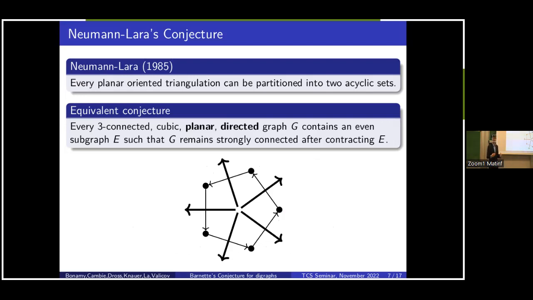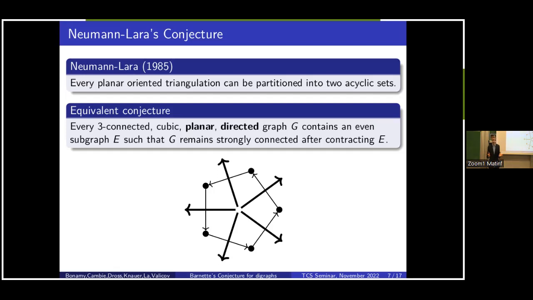Here, the cut goes always from the component in the interior of the cycle to the components on the exterior, right? So if my graph is acyclic, there's no directed cut, so it's still strongly connected. So that concludes the proof of this equivalent version of Neumann-Lara's conjecture.